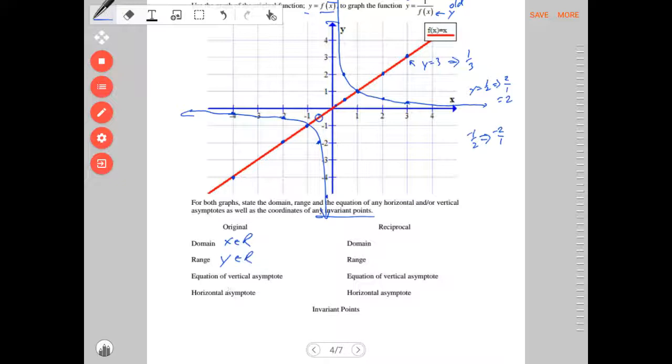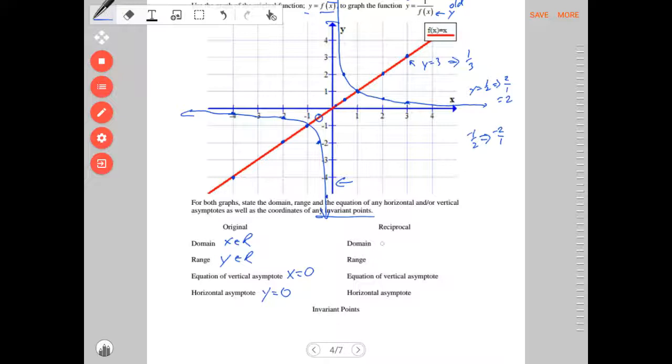The vertical asymptote, that's the up and down line, that was this guy, the y-axis, which has an equation of x equals 0. The horizontal asymptote was the x-axis, which has the equation y equals 0. We skipped invariant points because they're going to be put in the middle. You'll see why in a sec.